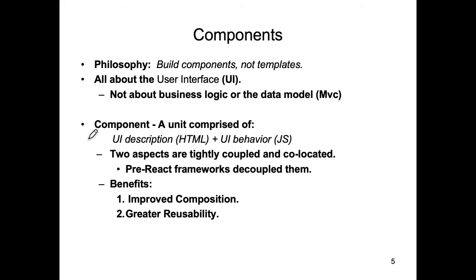And arguably these are the benefits they saw back then in taking this approach of keeping the UI behavior and the UI description in the one physical location. You got better composition, and we'll see that a lot later on, where we compose components from other components, and better reusability as well, the idea that we can use components for different use cases, if you like.